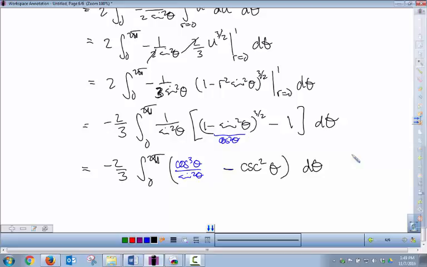Sine over cosine, cosine, cotangent. It's cotangent, but these have different powers, so I'm trying to think ahead and see.